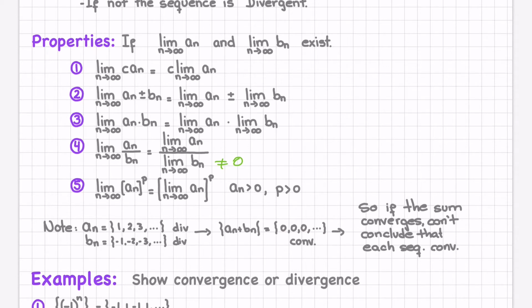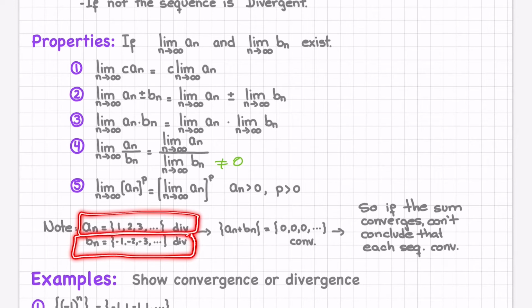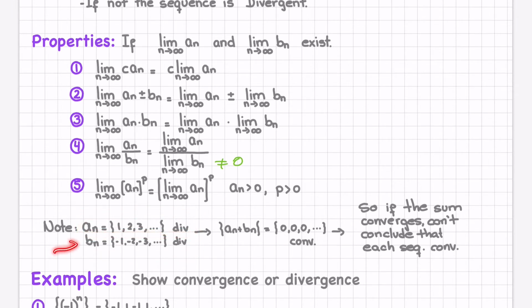What happens is that you can have two divergent sequences, and even though both are divergent, the addition of the two sequences might be convergent. So this is an example that tells you that. You can conclude that if these two are convergent, then this is convergent.